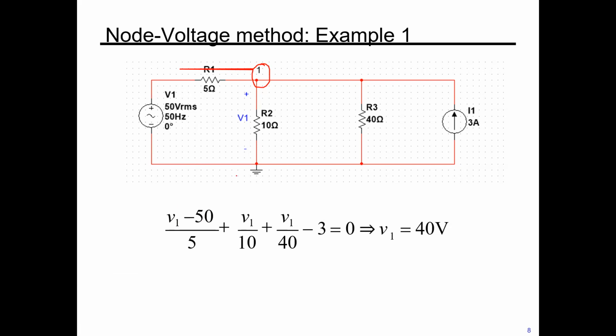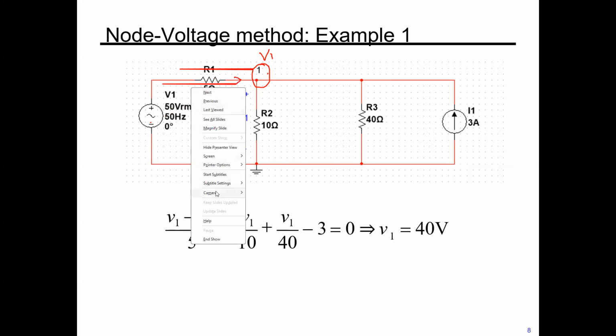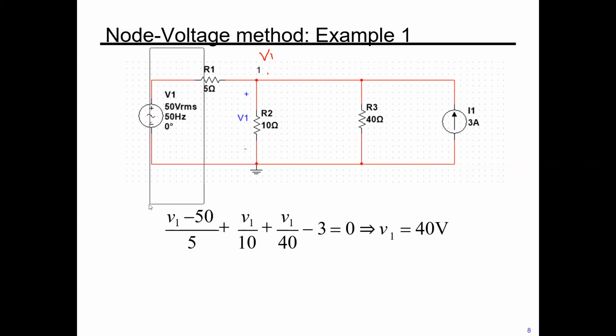Well, the difference between this and this, which is V1 minus, if I put V1 here, V1 minus 50 divided by the resistance, which is the current in here. So this will be the current in here.